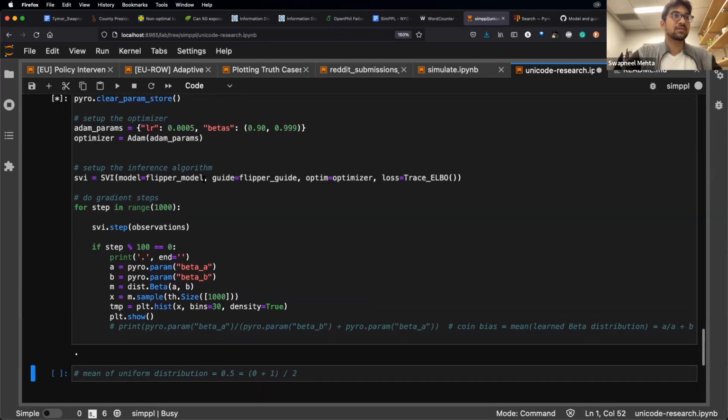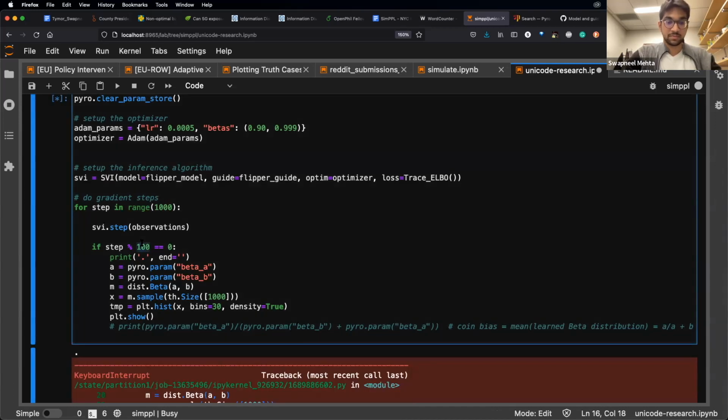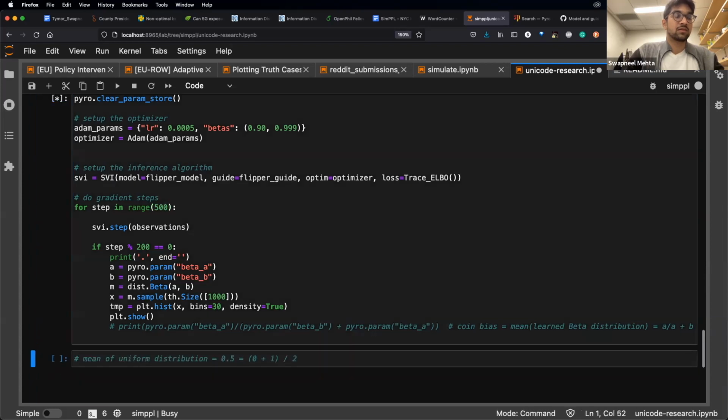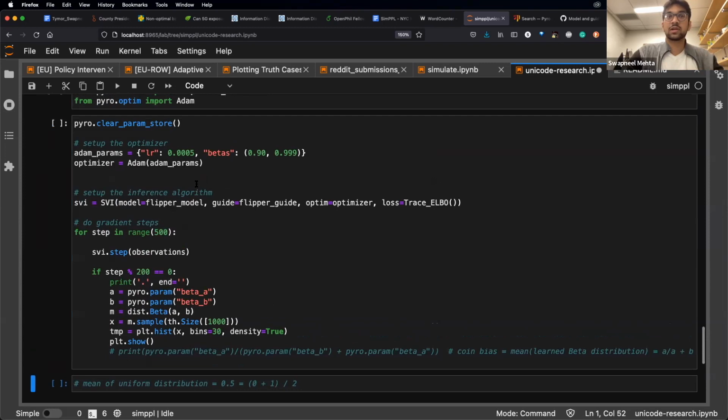It's just, I'd really imagine this would be faster than this. So slap 200, 500, at least 2 plots. Can't imagine why this is working so slow. Kernel crashed. Wonderful.